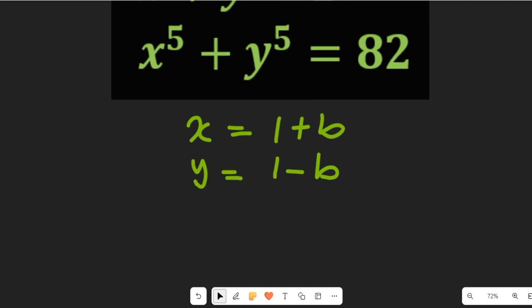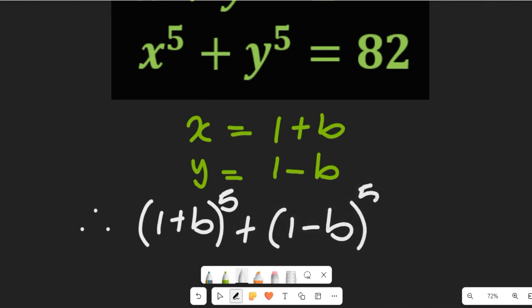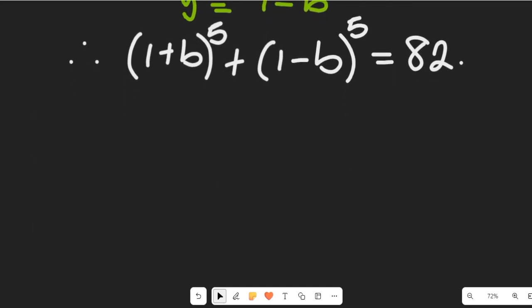Looking at the second equation, we can say that it will now give us (1 plus b) to the power of 5 plus (1 minus b) to the power of 5, and this will be equal to 82. Now we're going to simplify this.